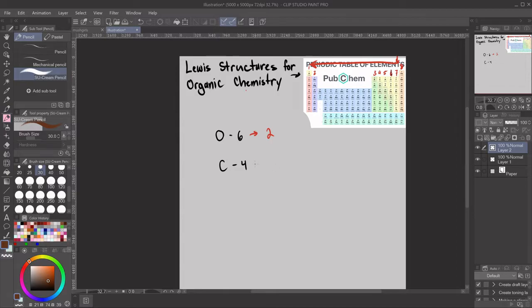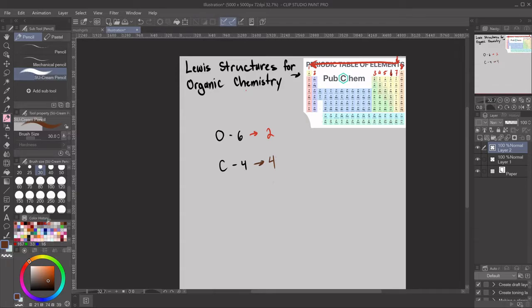With carbon, same thing. It's going to have 4 electrons in its valence shell. It's going to want 4 more electrons to make a full valence electron shell, so it's generally going to make 4 bonds. Of course, there are exceptions to this rule, as there always are, but we'll get to those in a little bit.